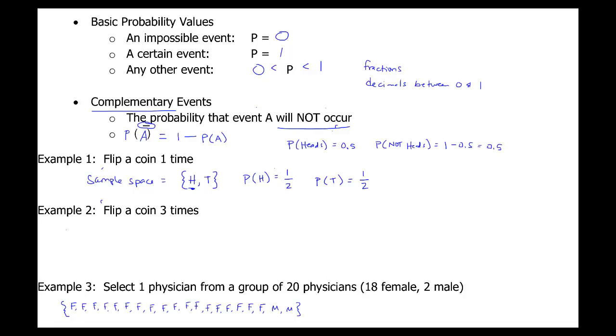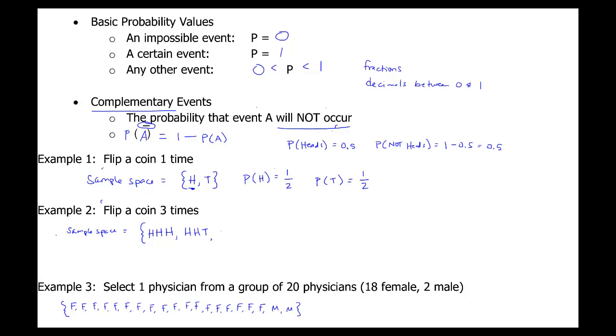If you were to flip a coin 3 times, our sample space is going to get a little bit more complicated. You could flip a coin the first time and get heads, the second time and get heads, and the third time and get heads. So that's one outcome. You could flip a coin and get heads and then tails.